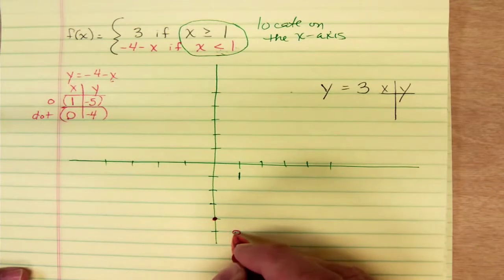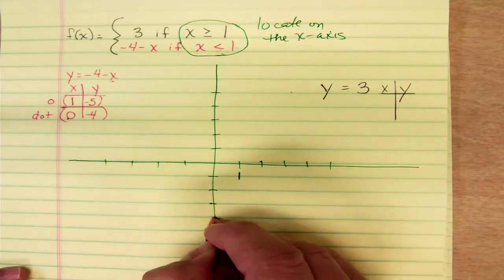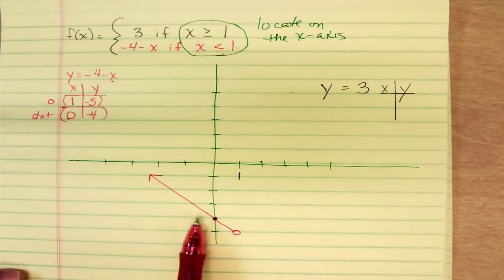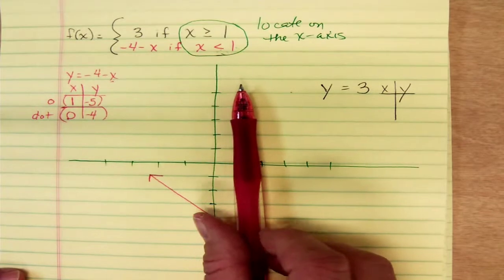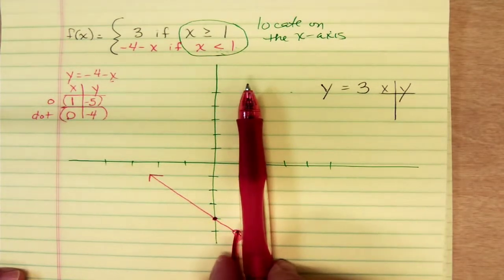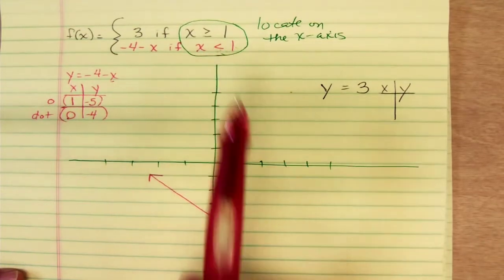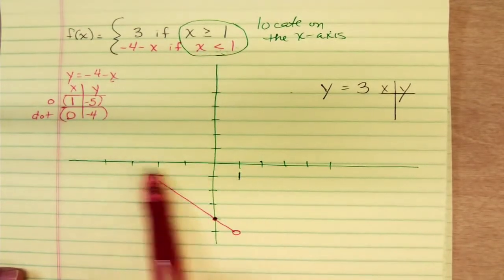When I connect it, I'm going to draw it up like this. Why? Well, I don't want to draw it down, because if I drew it down this way, I'm going past that number 1 on the x-axis. This slanted line should be drawn to the left of the number 1 on the x-axis.